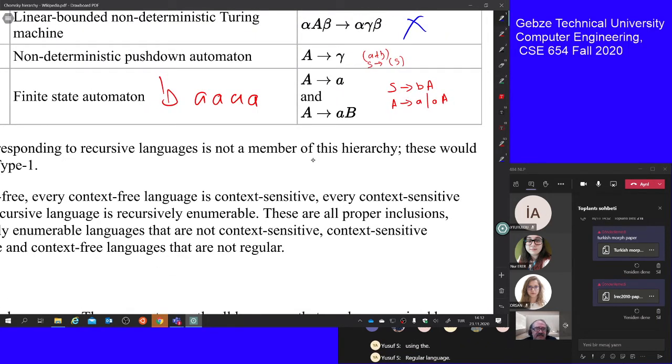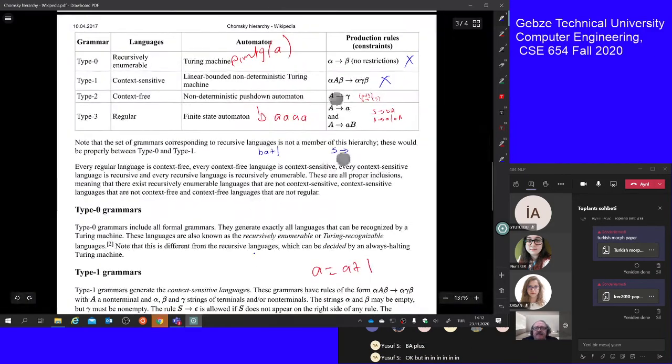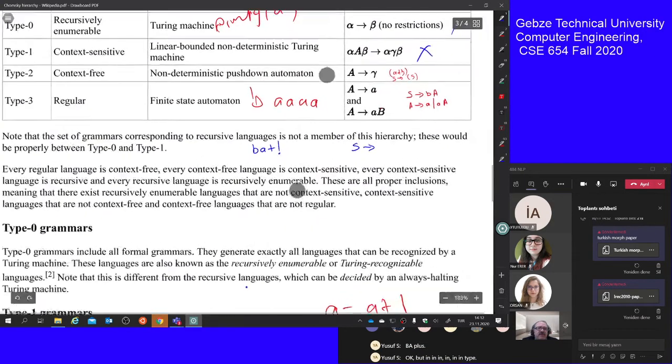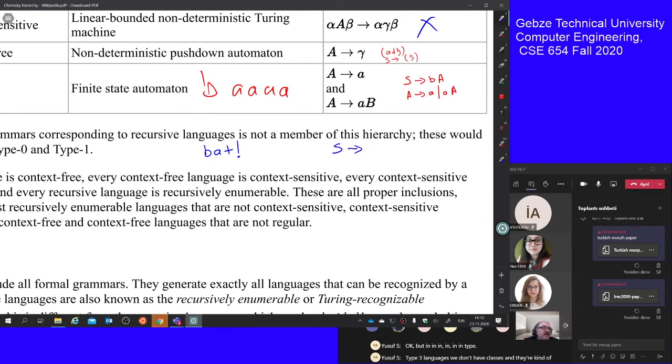A sentence is, remember the sheep language, it is BA plus, but in type 3 languages we don't have pluses and that kind of stuff. So what is a sentence in a sheep language?